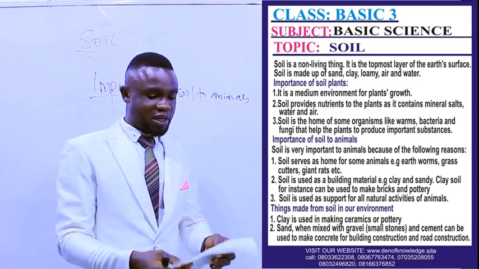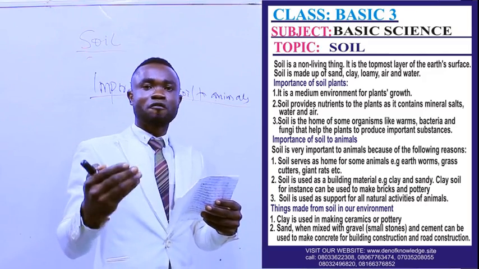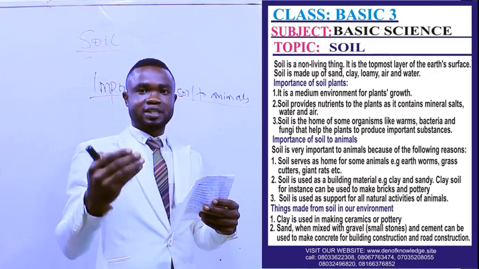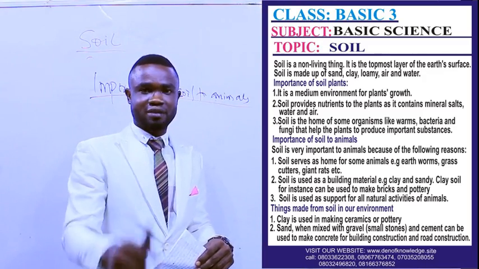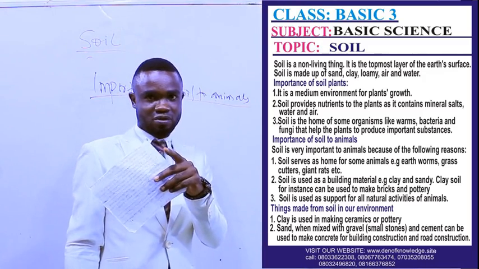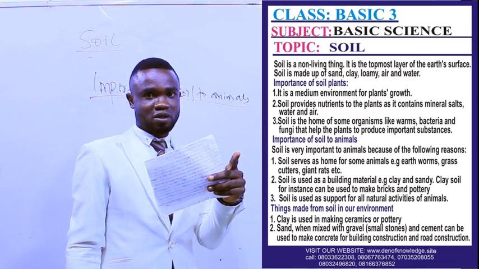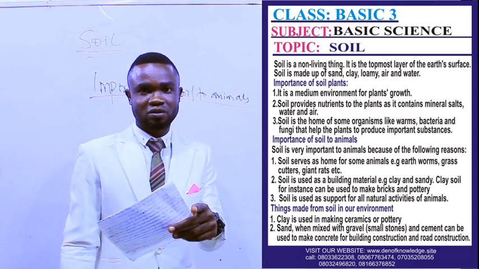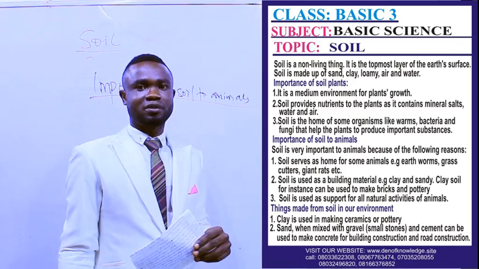Now, let's see the things made from soil. One is ceramics. Do you know ceramics? Ceramics might be plates, wash hand basins, or toilet seats. They are from soil, clay soil.